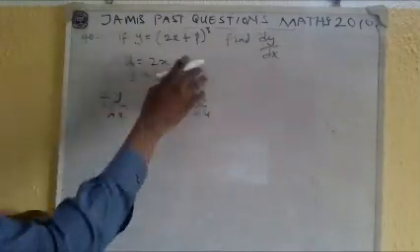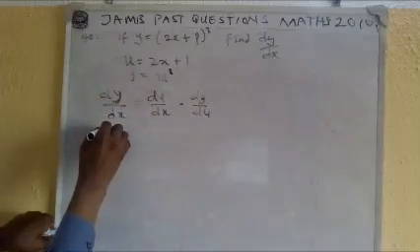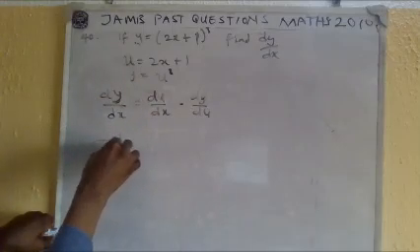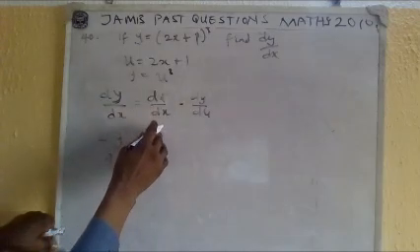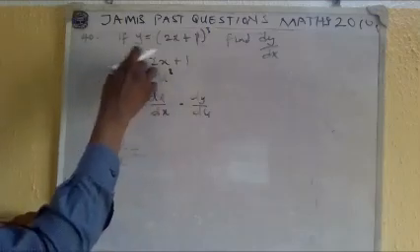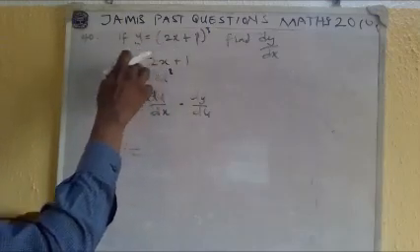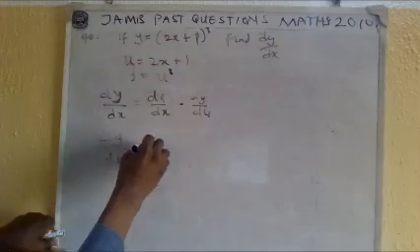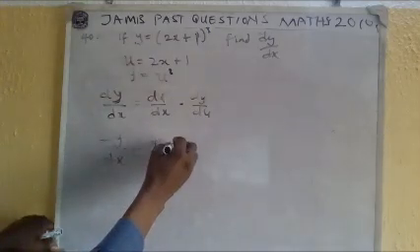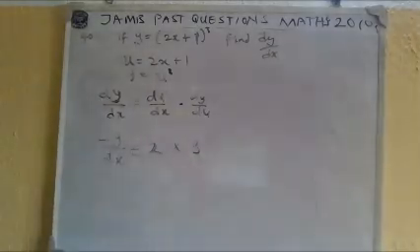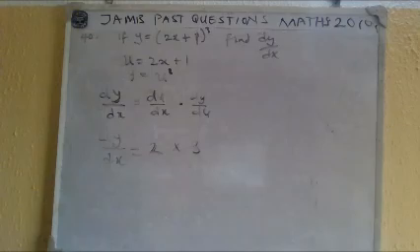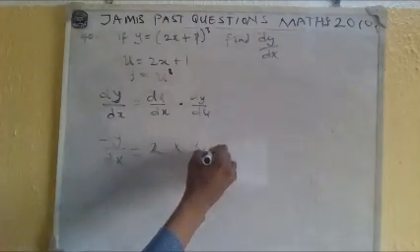If this one is true, dy/dx is equal to dy/du times du/dx. Differentiate this one, you have only 2. Differentiate this one, it is 3u raised to the power 2.